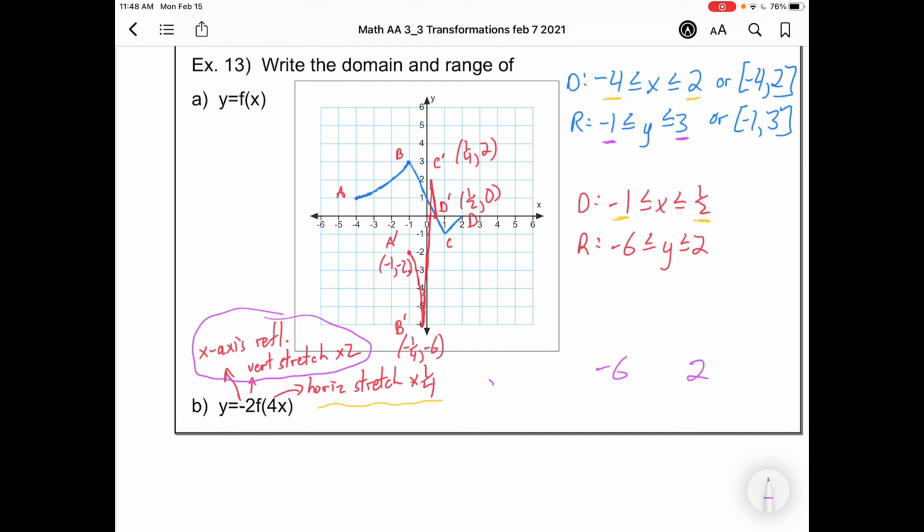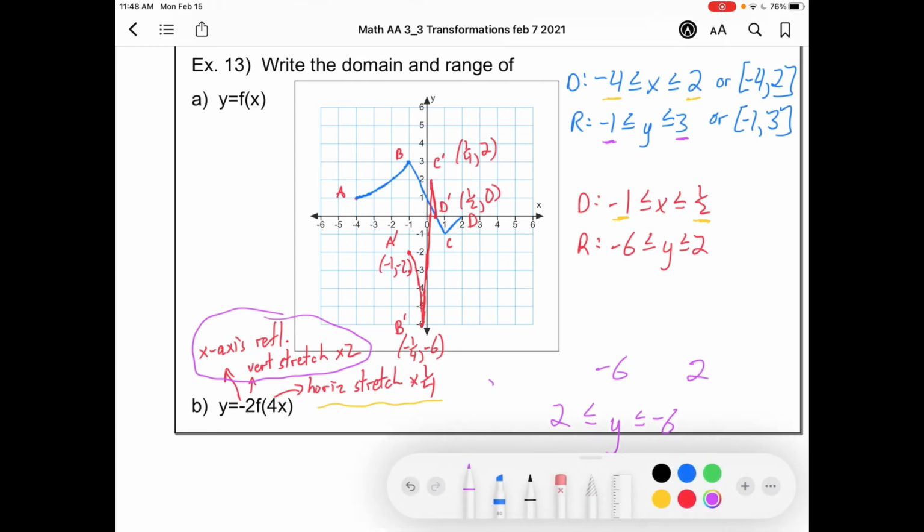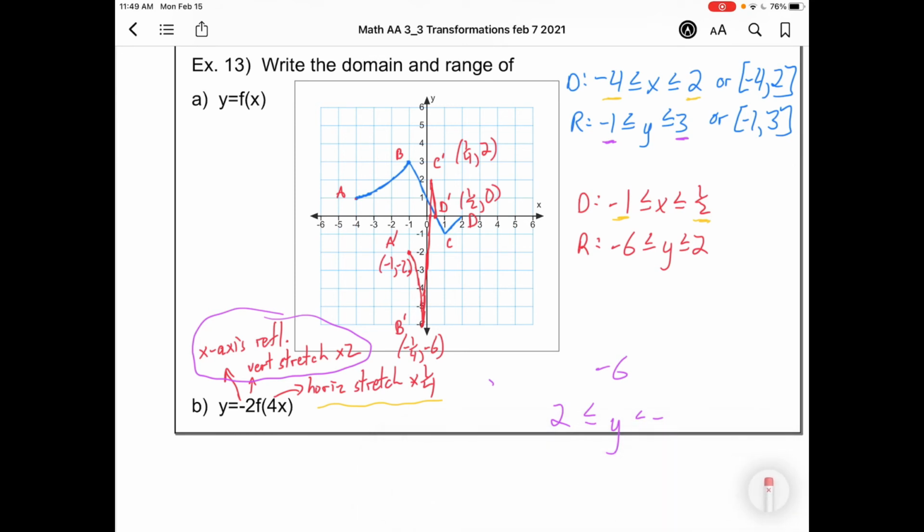Thing to be aware of is the order of the boundaries can switch when you also have a reflection. So it would be silly for me to say, y is a value in between 2 and -6. It's bigger than 2, but less than -6. I mean, I'll give you $10 if you find me a real number that is bigger than 2, but less than -6. So we did have to change the boundaries.